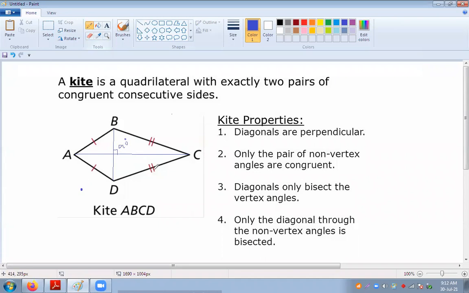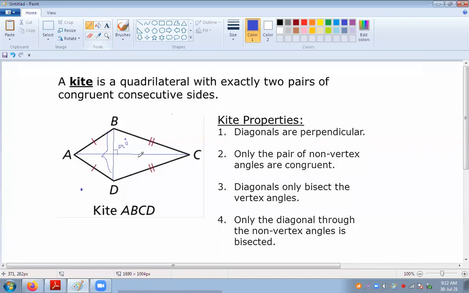One thing is that only the pair of non-vertex angles are congruent. The right angle triangles they are making mean the diagonals perpendicularly intersect each other, but do not bisect each other.